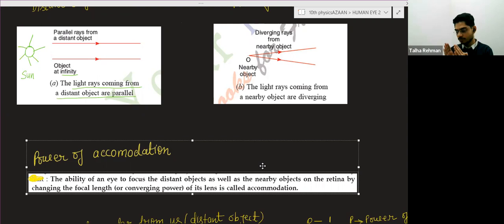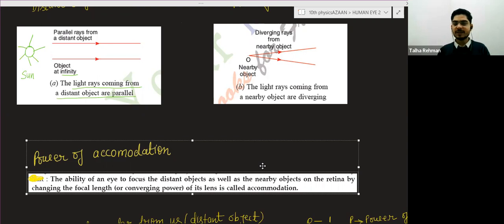If your eye has to focus on an object which is nearby, then the focal length should be small, but the power should be large. But if your eye wants to focus on an object which is very far, the focal length in that case becomes large, but the power of the lens becomes small.